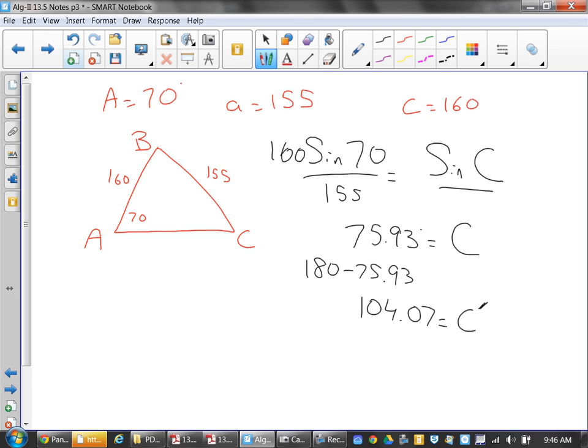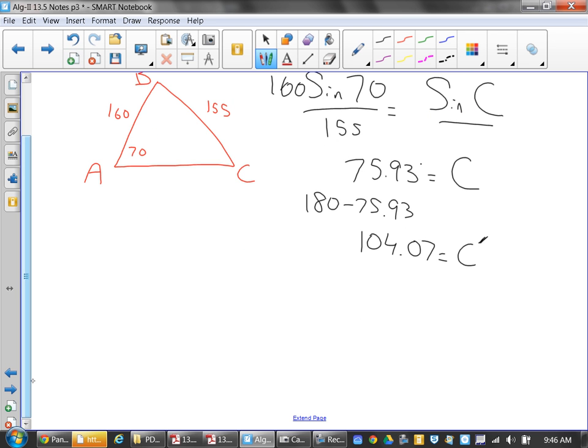What's happening here, to go back to the idea of the grid, 75 degrees is here. Coming up this way would be 75 degrees and change. The same reference angle into the second quadrant would also come up 75 degrees this way.